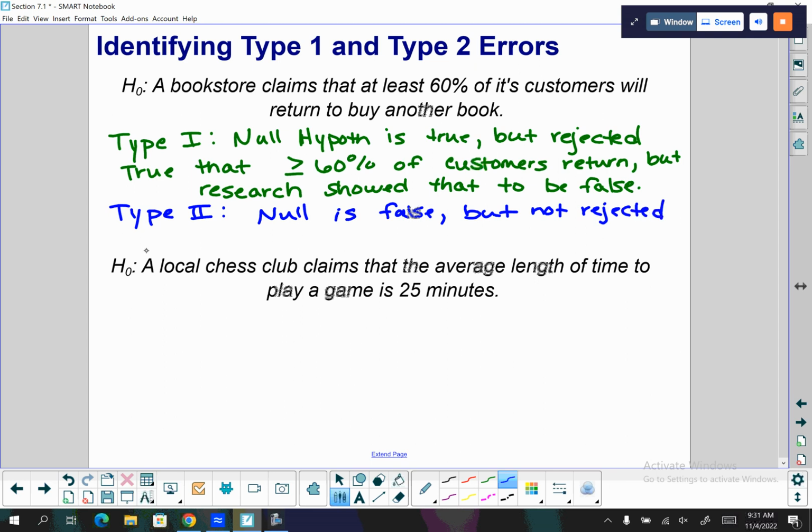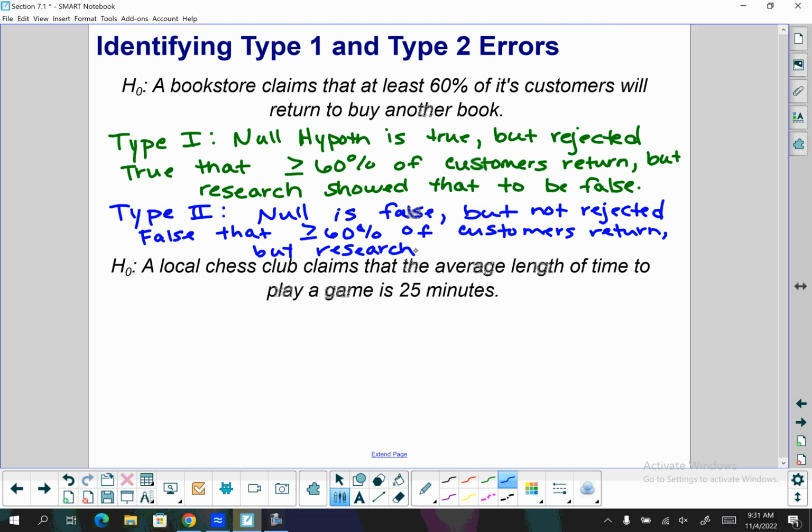Okay, so it is false that greater than or equal to 60% of customers return, but research, survey, data, sample, whatever, showed it to be true.